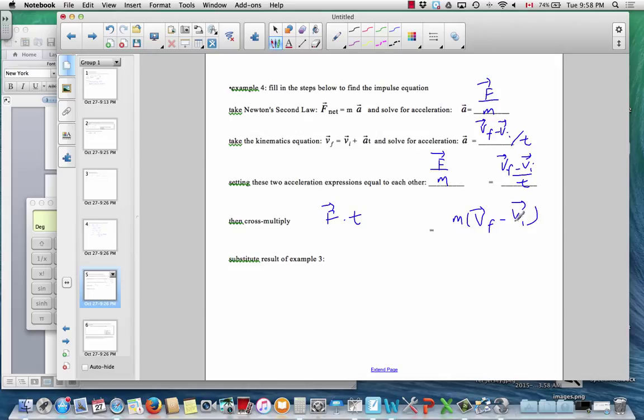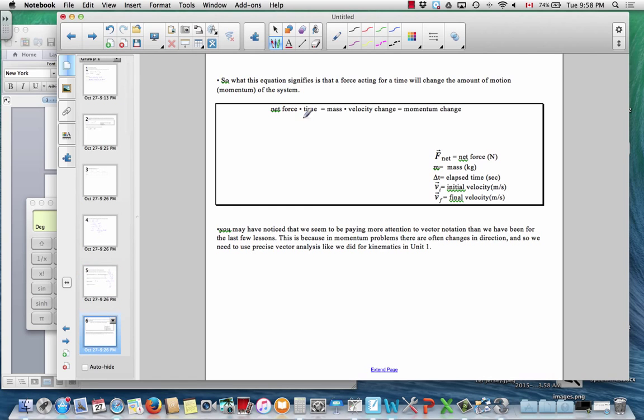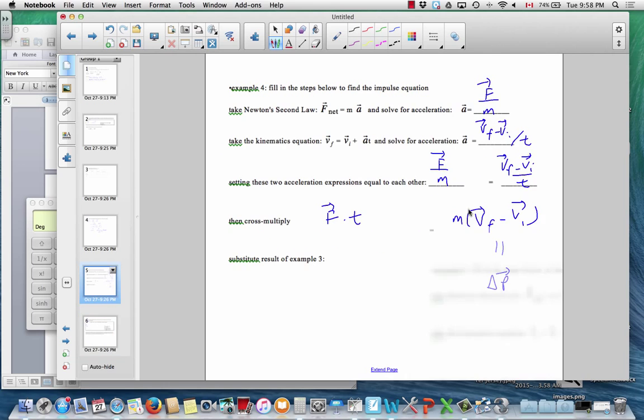But of course I just proved that mass times velocity change was the change in momentum. So we have arrived at the impulse momentum theorem. And it tells us that a net force, and I dropped the subscript net on the previous page, I dropped it right here. That should be F net, F net, F net.